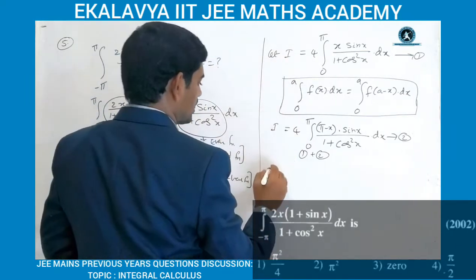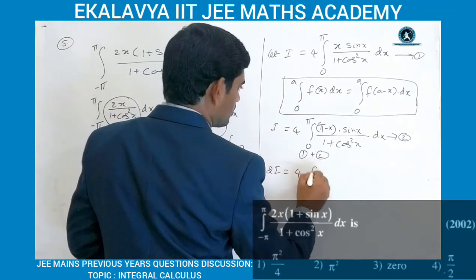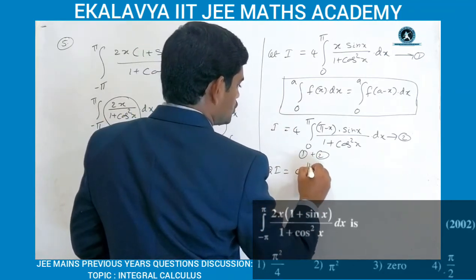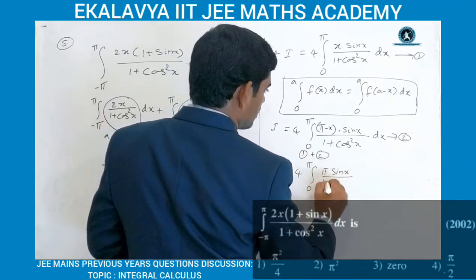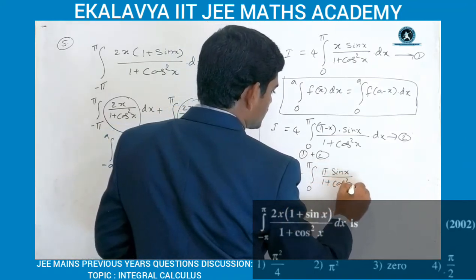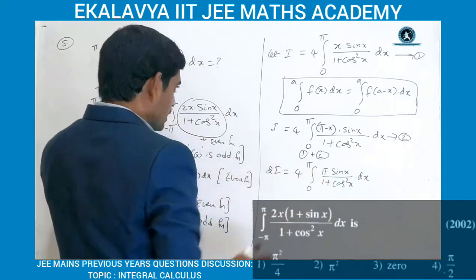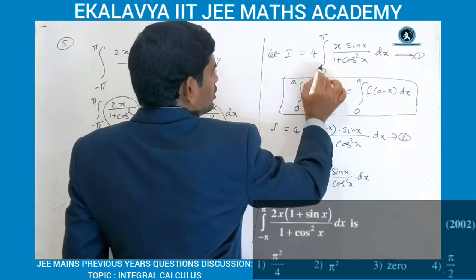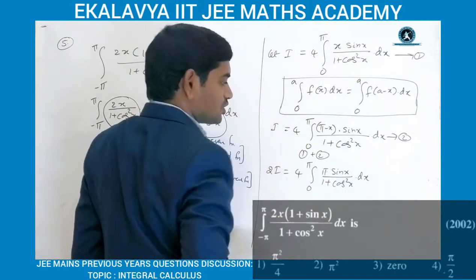Then I plus I becomes 2I, which is equal to 4 times the integration of 0 to pi of sin x upon 1 plus cos square x dx. So how do we get this step? We have 4 times the integration of 0 to pi x into sin x upon 1 plus cos square x dx.